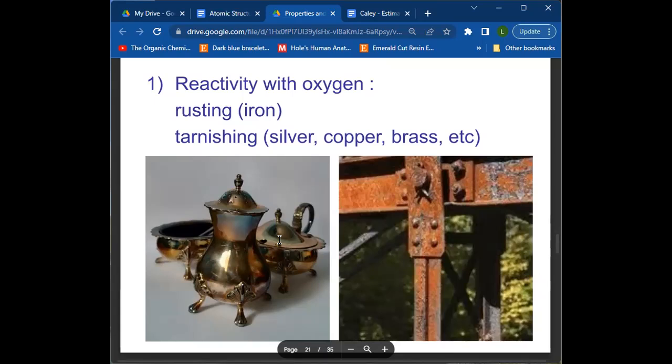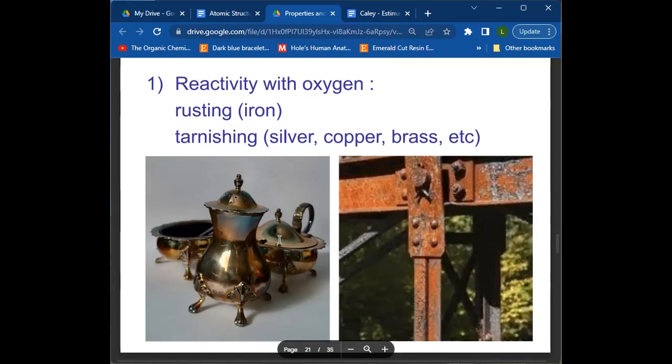Okay, now reactive with oxygen. So basically, iron has that chemical property of being reactive with oxygen.